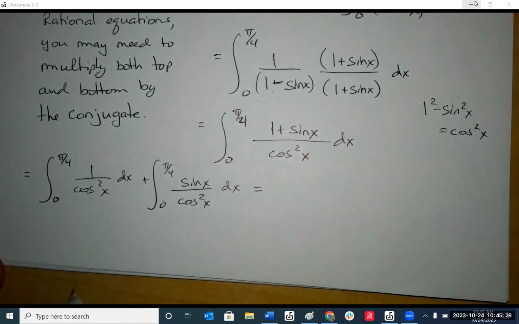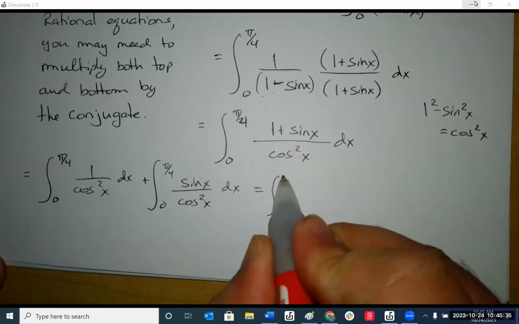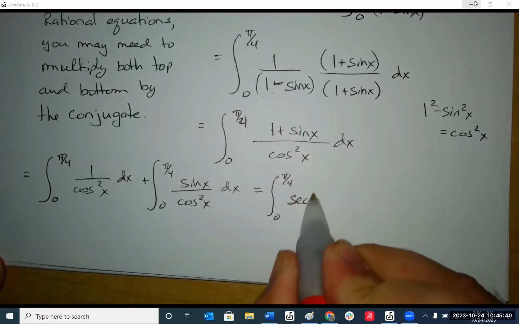One over cosine squared is what? Secant squared.